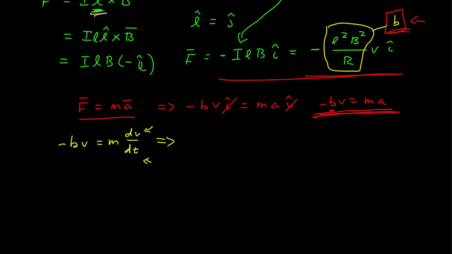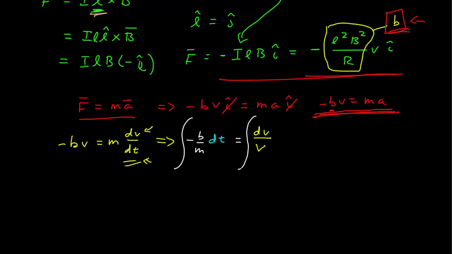I'm going to get the t's on one side, and I'm going to put those with the constants, negative b and m. And then on the other side, I'm going to gather all the v's. This is the key point to integrate in this way. I get all of the t's on one side, all of the v's on the other side, and then I can go ahead and integrate both sides.